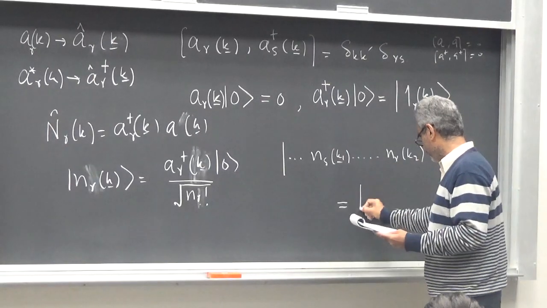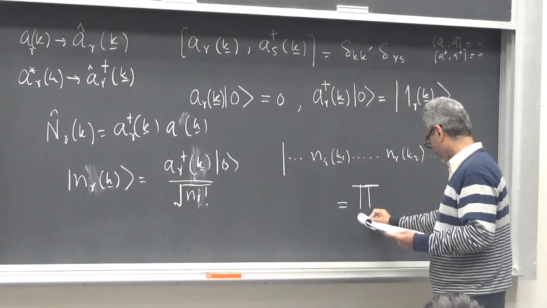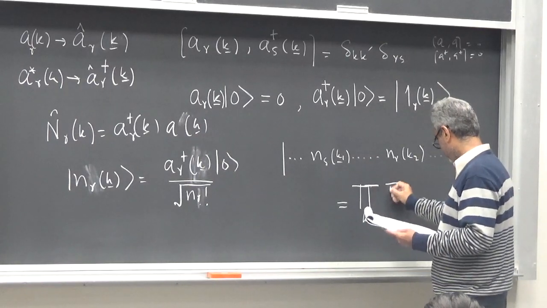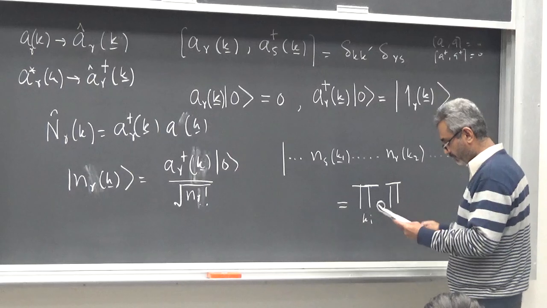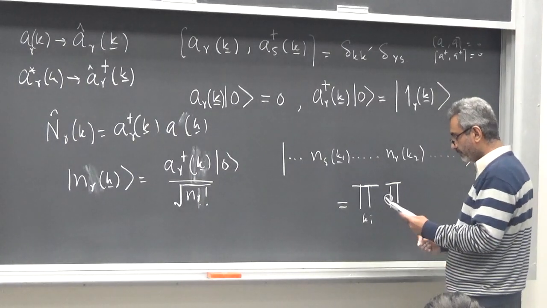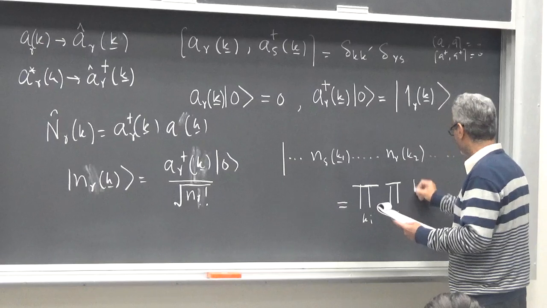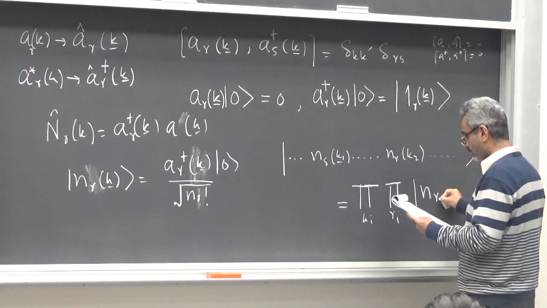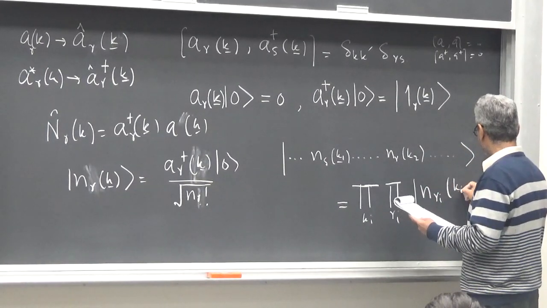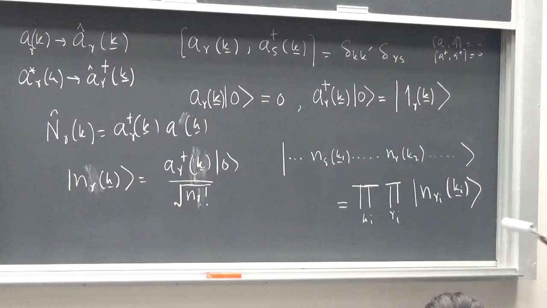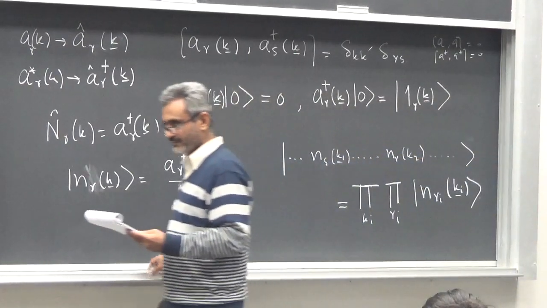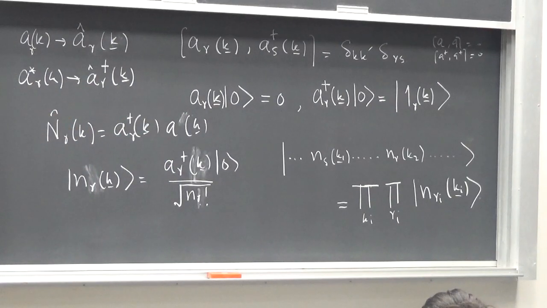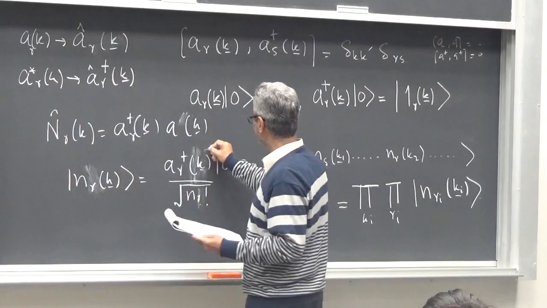And they will just be a tensor product of N R I K I. That's what you asked me, right? Kind of. Yeah. So, and by the expression A dagger N. Yes. Absolutely.